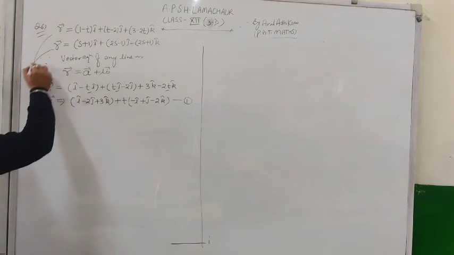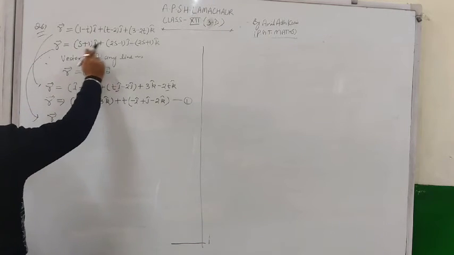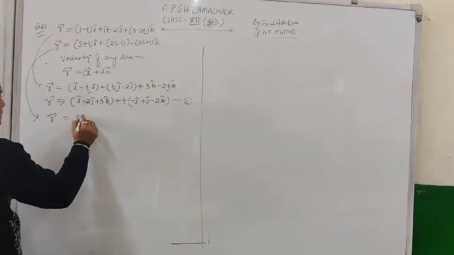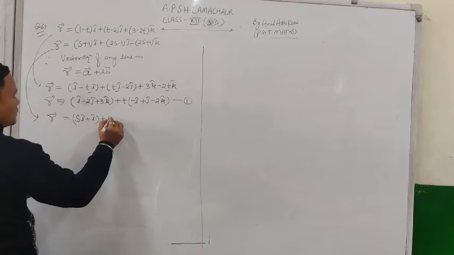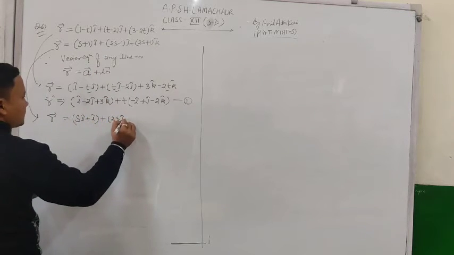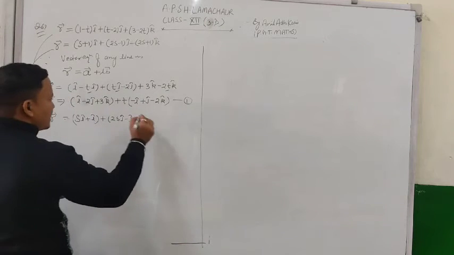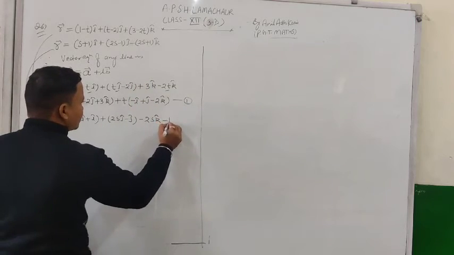Now similarly we will change it. So r vector is equal to, multiply with i vector, j vector and k vector. So we get s times i cap plus i cap, and here plus 2s j cap minus j cap, and here minus 2s k cap minus k cap.